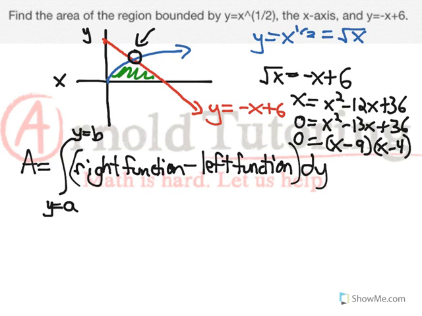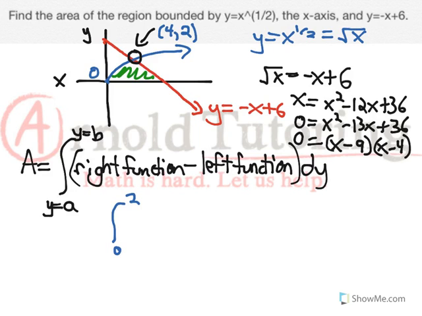So this point is where x is 4, and we can easily see that y is 2 there because we're just taking the square root of x. That means we're going from 0, the x-axis, up to a y value of 2. So our integral is y equals 0 to 2 of our right function, the line, but we want that in terms of y.